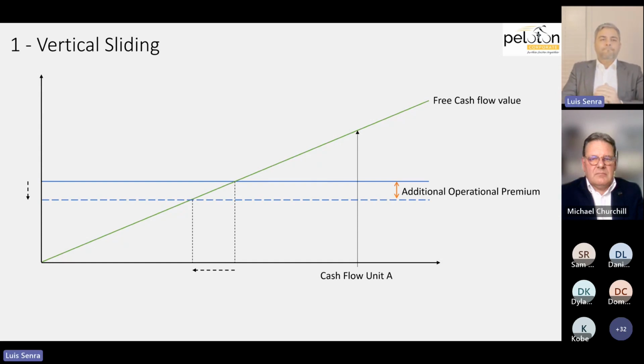When I sell an asset, and this asset will not impact the free cash flow of the company, when I sell the asset and lease it back, or when I refinance some asset to improve the leverage of this asset, I'm reducing the net tangible asset. And when I do it, automatically I improve the operational premium. And if I improve the operational premium, I'm improving multiplier. And if I improve multiplier, I create value.